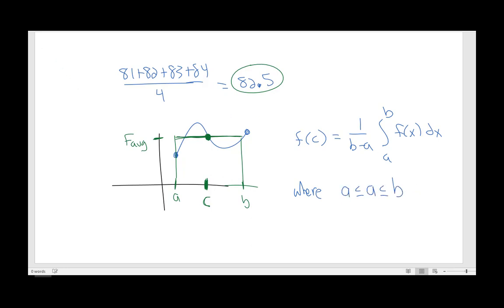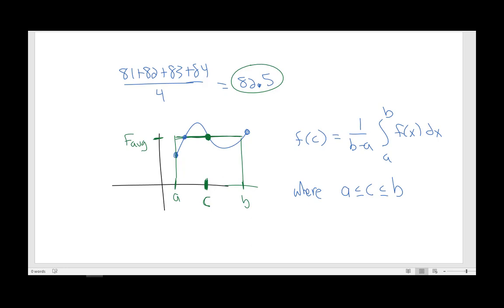I got a little typo there. So there's at least one c value. There could be multiple. And the way I sketched this, it looks like there actually is a second one here, something along those lines.